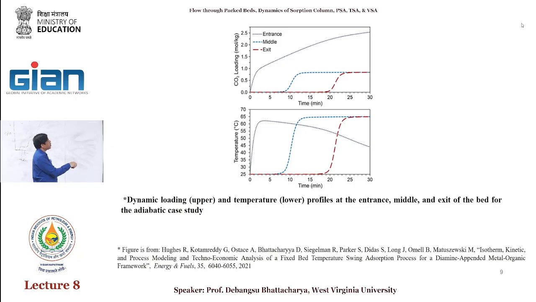Then the middle takes its turn, and then the exit. But this is the maximum loading you could have gotten for this metal organic framework. In reality, more than 50% of the bed is only getting 2.5 over 5, only 20% of the loading you could get from equilibrium.